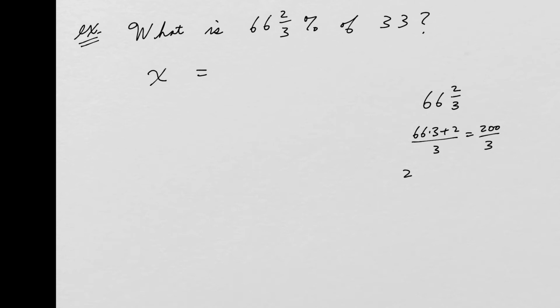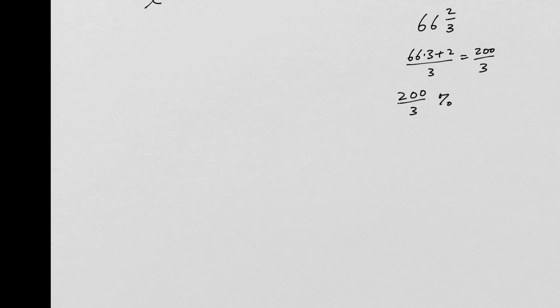So this is 200/3%. Now remember, I can either convert it into a decimal or I can put it over 100. In this case, it's going to be better if we put it over 100. So I remove the percent sign and put it over 100. Well, this is the same as 200 over 3 times 1 over 100.